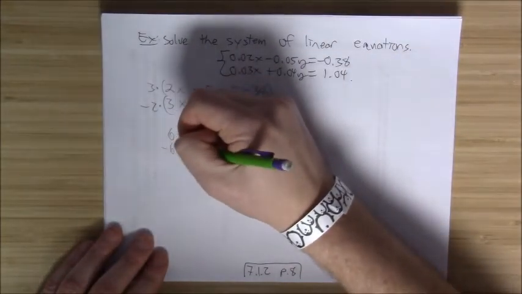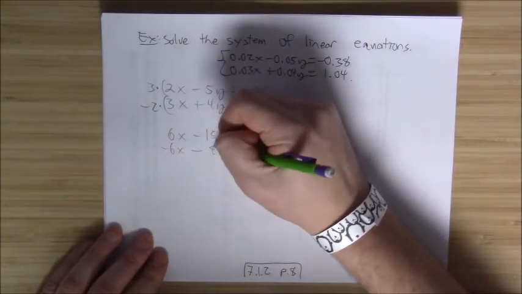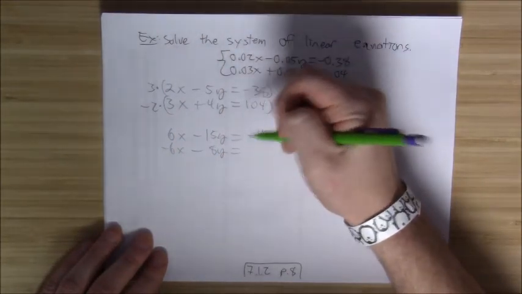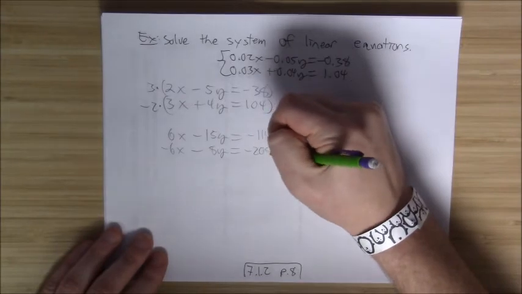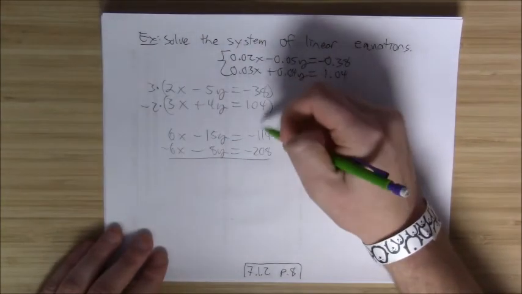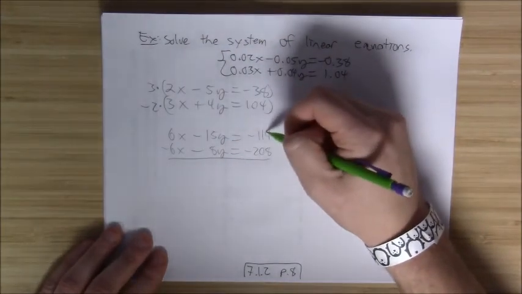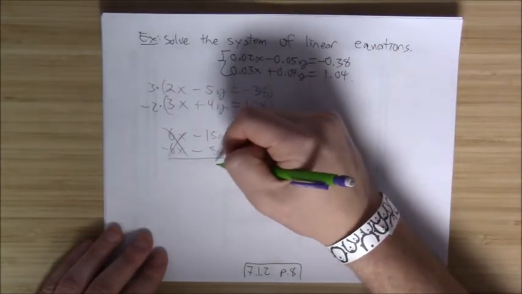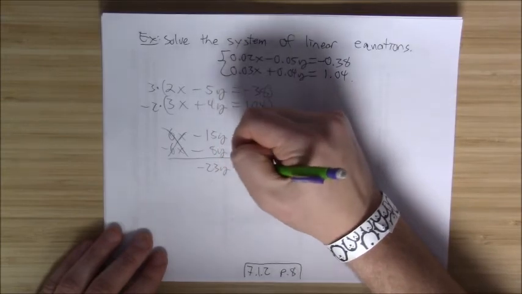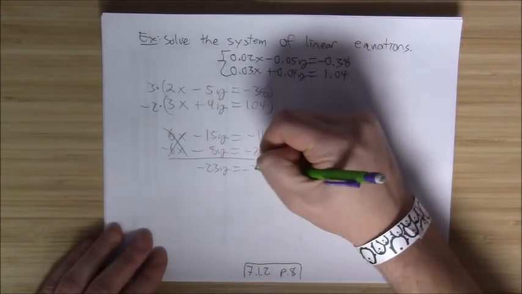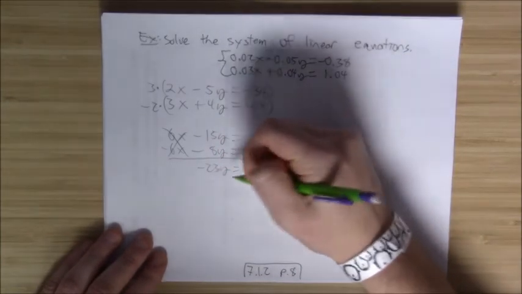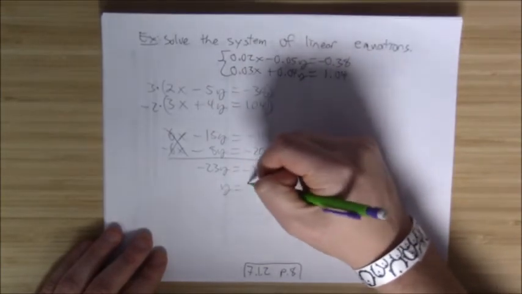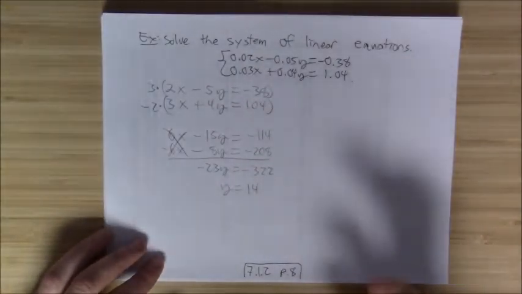Here I would get negative 6x minus 8y equals negative 208. Adding up, the x's cancel. I get negative 23y over there and negative 322 over here, which means y will be 14, dividing both sides by negative 23.